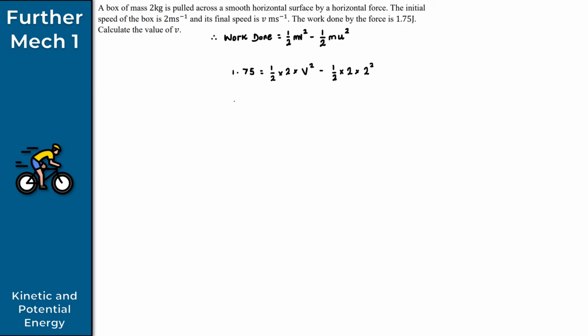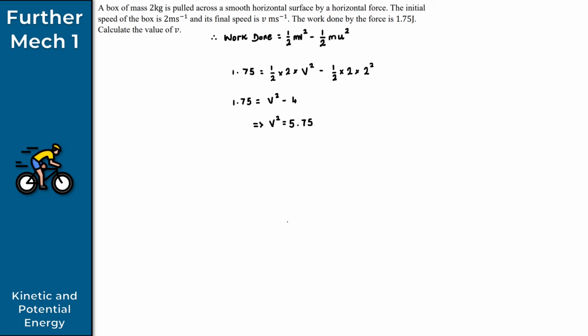Okay. So 1.75 is equal to, a half times 2 is just 1, so I've got v squared, because 1 times v squared is just v squared. We've got v squared minus, a half times 2, again, that's just 1, times 4, because 2 squared is 4. So I've got minus 4, like so. Well, we're looking to solve for v, right? So just add 4 to both sides. In that case, v squared is equal to 5.75.